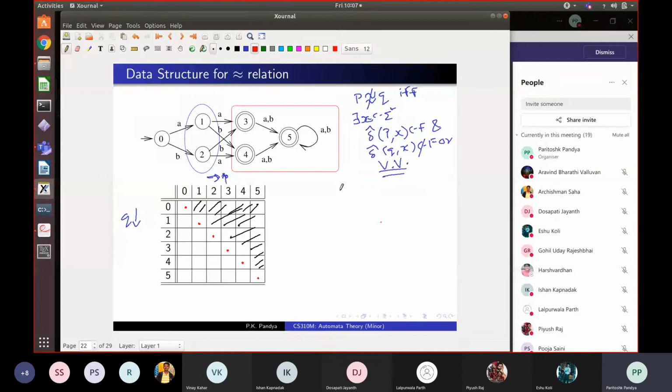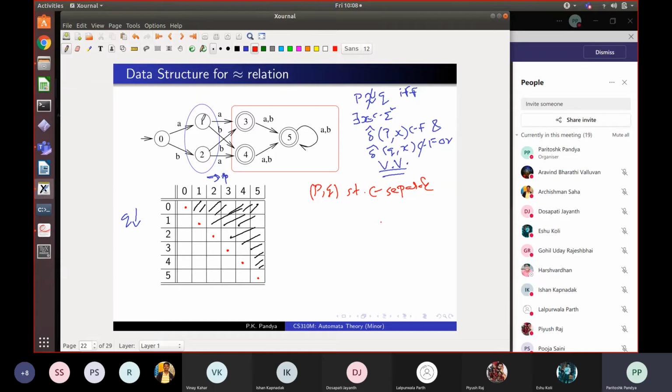And we will do this by first considering state pairs, pairs P, Q, such that epsilon separates them. The empty string separates them. That is, one of them is a final state and one of them is not a final state. So all pairs where one of them is final and one of them is non-final are clearly not equivalent, right? So we'll find all pairs of states in the lower triangular part such that one of them is final and one of them is non-final.